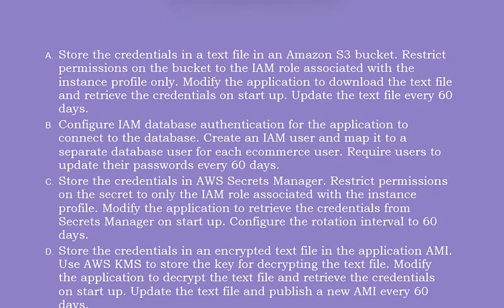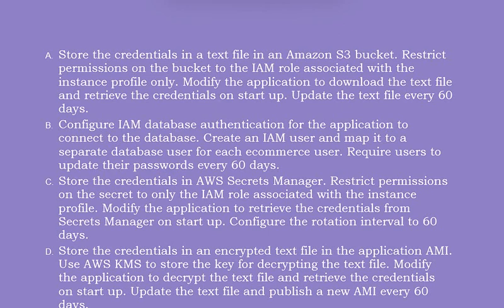Update the text file every 60 days. Option B, configure IAM database authentication for the application to connect to the database. Create an IAM user and map it to a separate database user for each e-commerce user. Require users to update their passwords every 60 days.